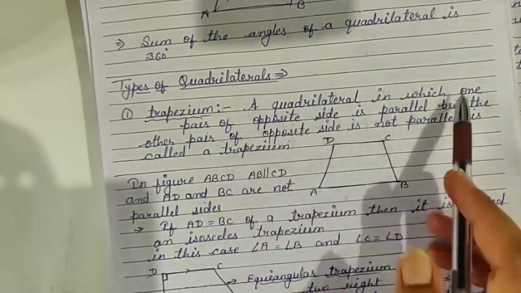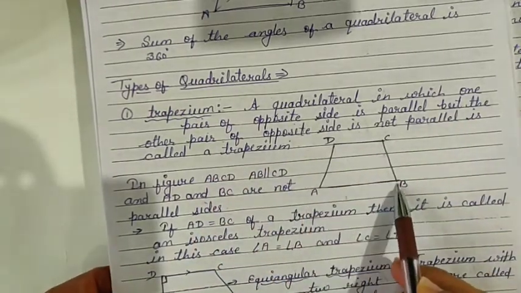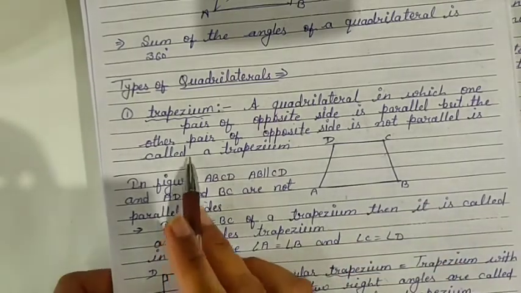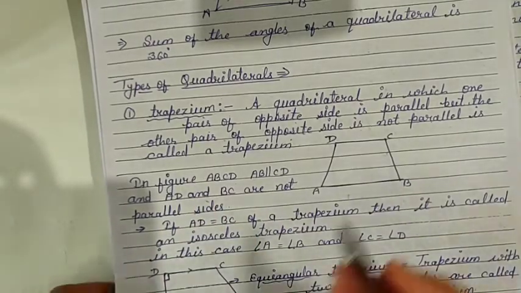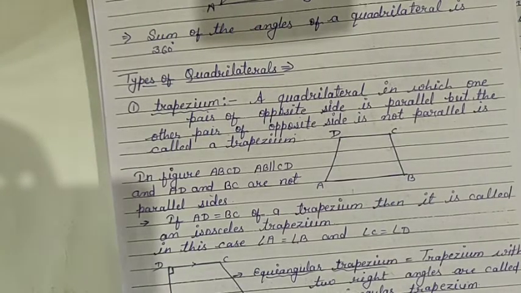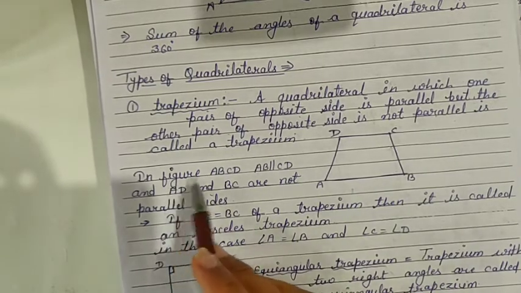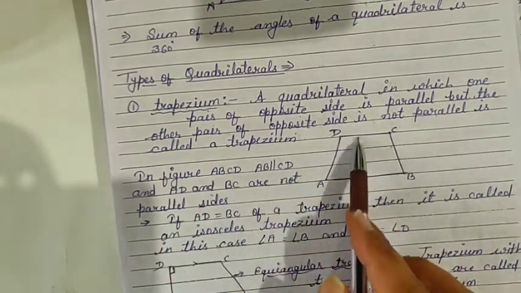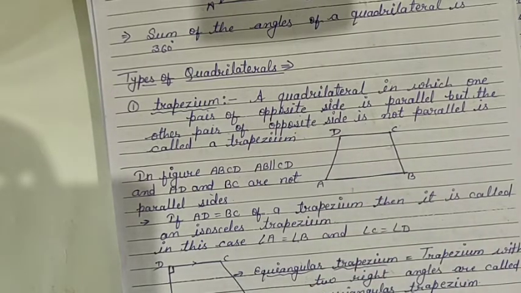A quadrilateral in which one pair of opposite sides is parallel, but the other pair of opposite sides is not parallel, is called a trapezium. Here AB is parallel to CD, but AD is not parallel to BC. In the given figure ABCD, AB is parallel to CD but AD and BC are not parallel sides.